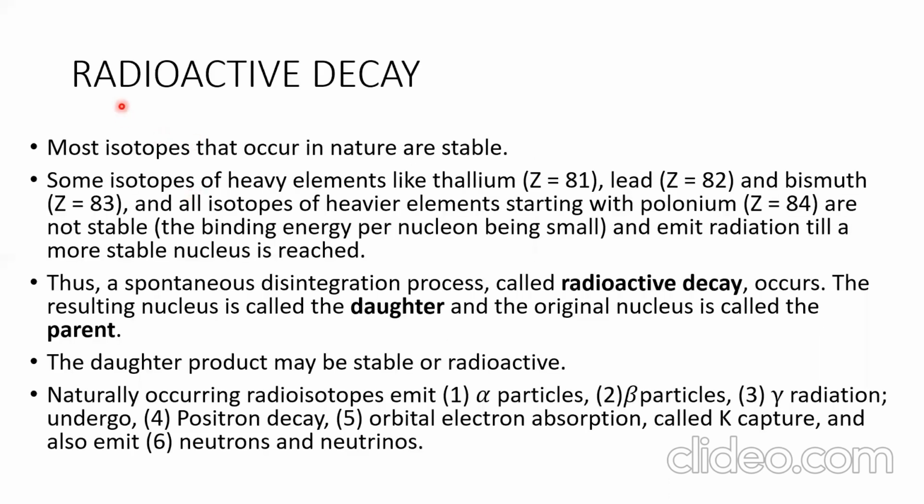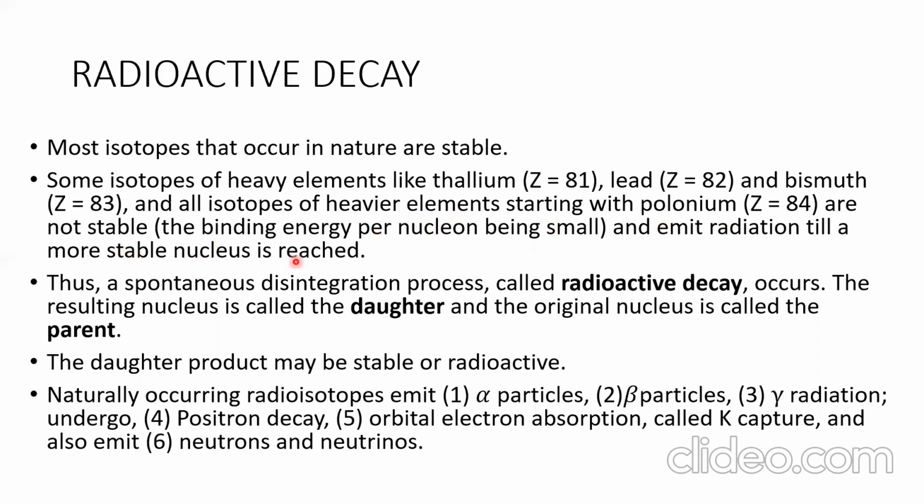The next terminology is radioactive decay. When heavier elements emit some matter, like neutrons, neutrinos, alpha, beta, gamma radiations, means what? They are going under radioactive decay. Their mass is going to decay. Most isotopes that occur in nature are stable, but some isotopes of heavy elements like thallium, lead, bismuth, and all isotopes of heavier elements starting with polonium are not stable.